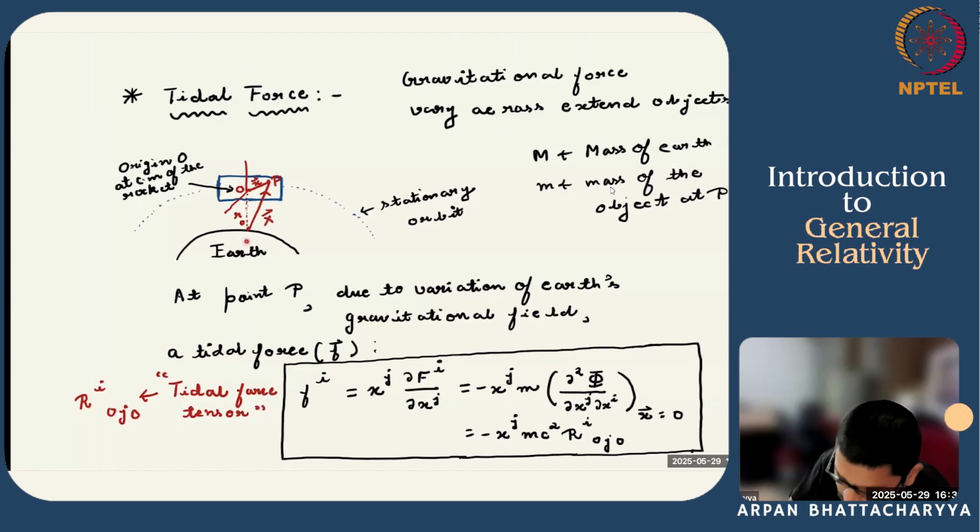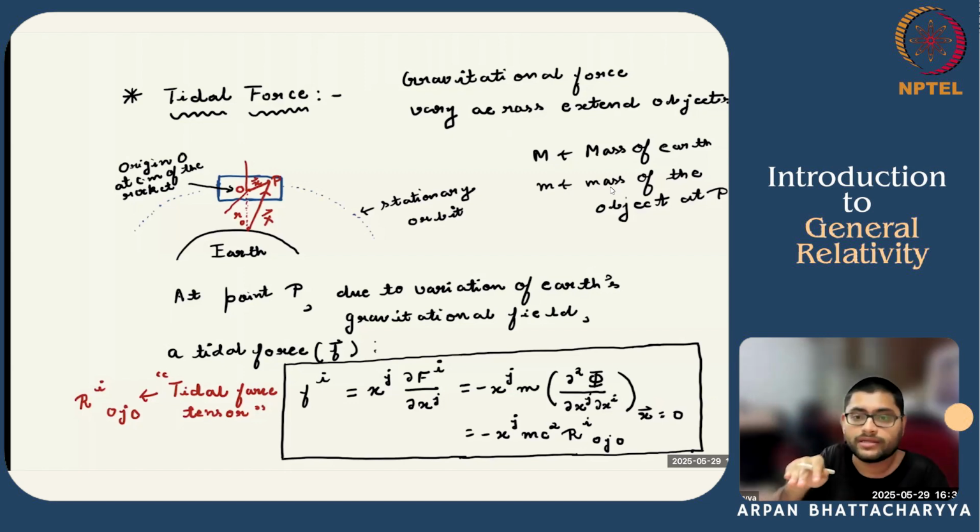With respect to the Earth reference frame, this is at the location which has a position vector capital X. Also consider that the radius of the stationary orbit is r0. So capital M is the mass of the Earth, and small m is the mass of some object which you can put at this point.